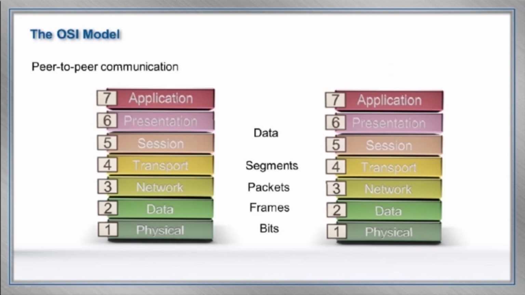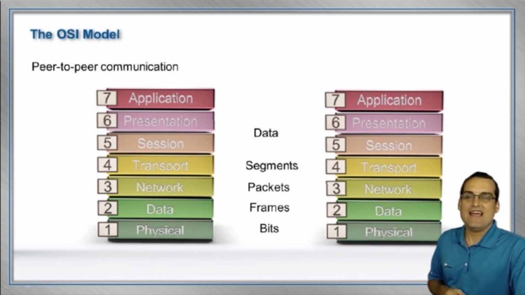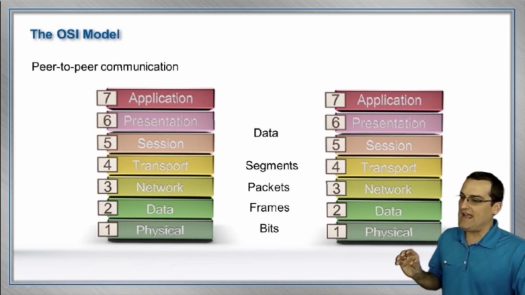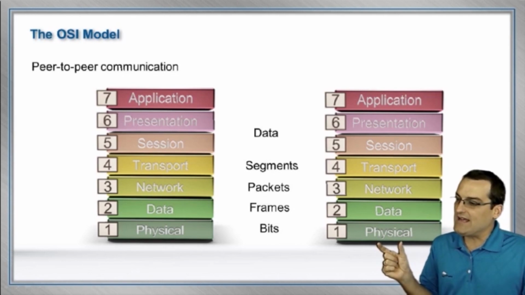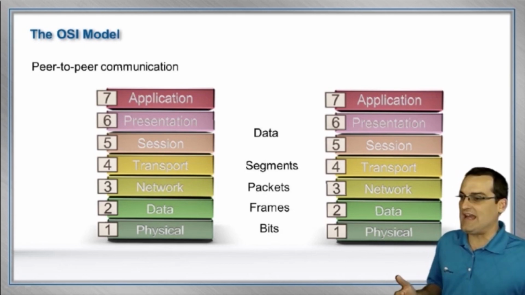Now, I told you that I tend to make my living down here at these lower 4 layers, and we like to go ahead and give the data and the encapsulated information a special name down at these lower 4 layers.